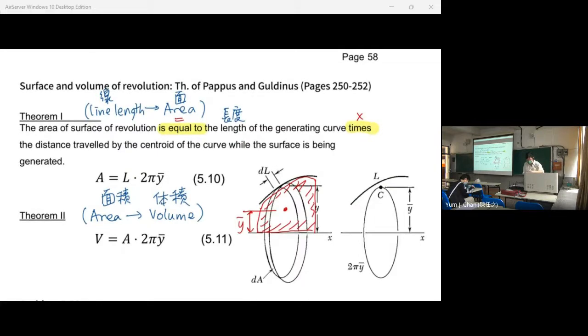Revolution here means, in the dictionary you have two explanations.